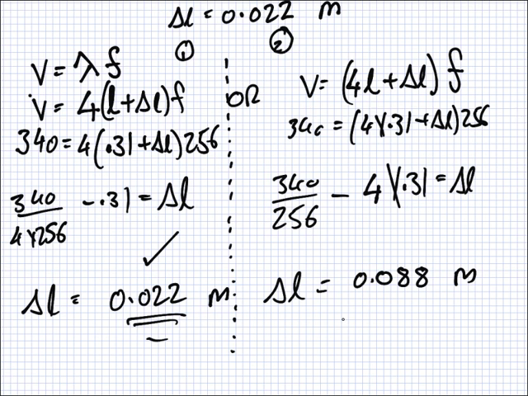They wrote it as if they did, but then the delta L, they didn't multiply that one. Here they multiplied it like this, but then here they added 0.022 at the end, so they didn't change the delta L, so it's constant after that.